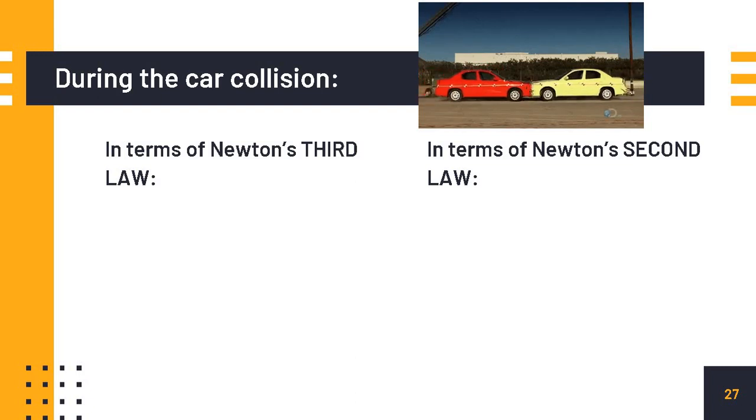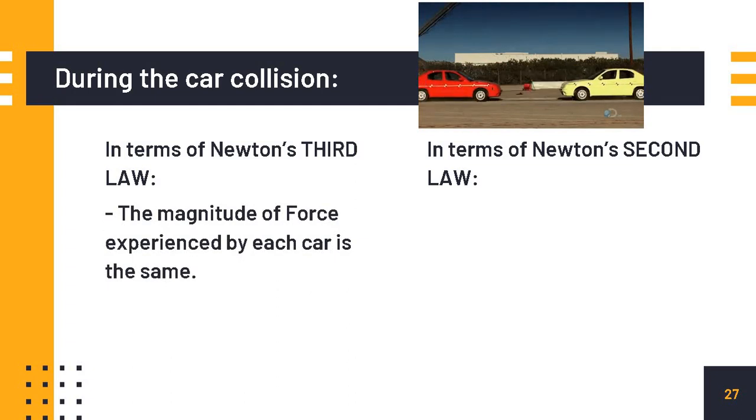Anyway, if we look at the distribution of forces within that system, we can conclude that the force exerted by the red car towards the yellow car is the same force that was exerted by the yellow car towards the red car. And that is how we interpret that scenario using Newton's third law.